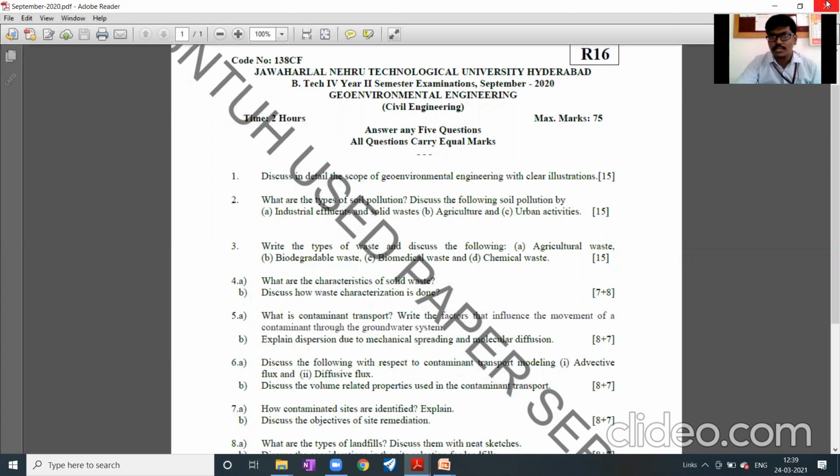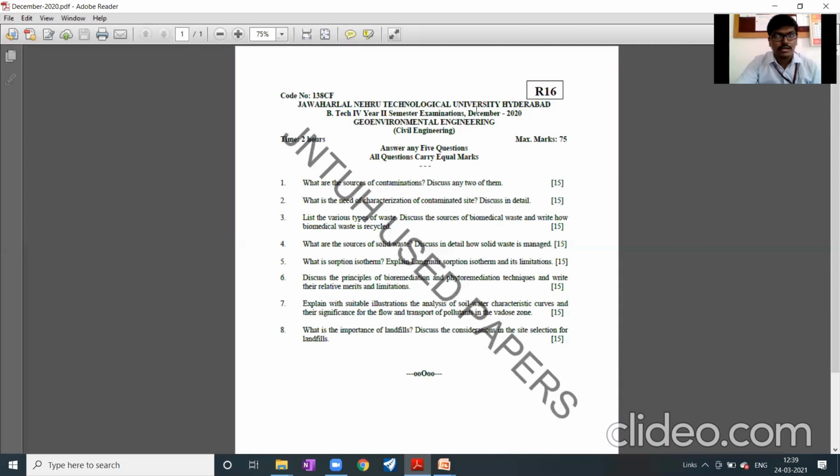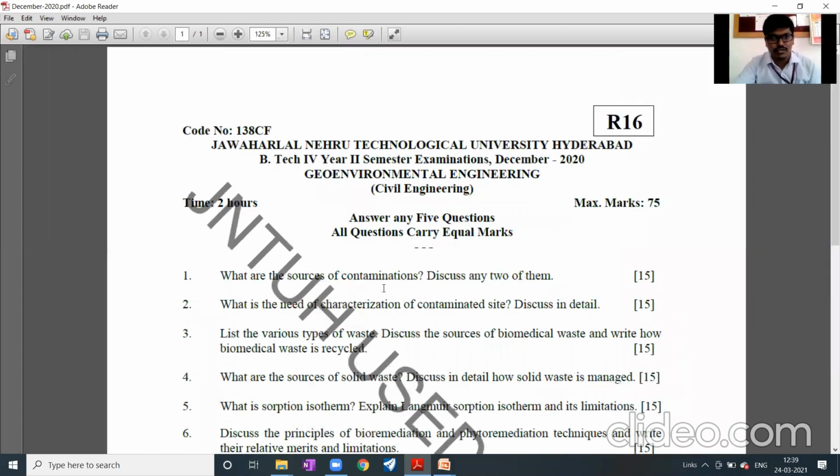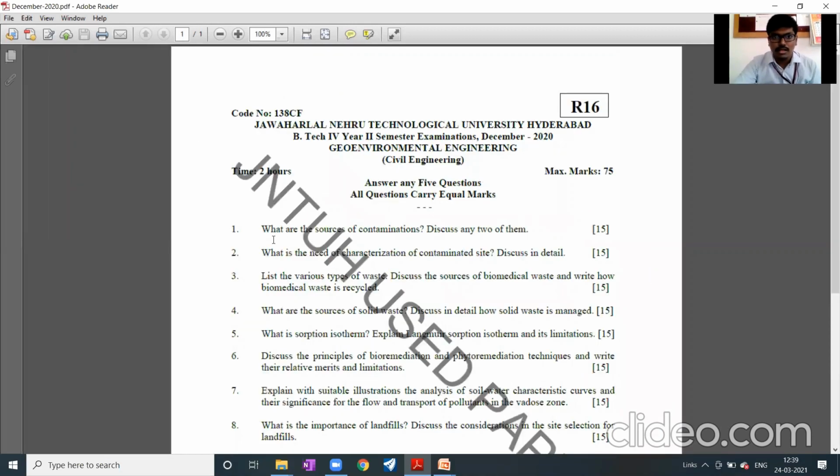Right? Yes. So another question paper I have here, December 2020. So here also you can see, most probably he may ask the direct question. He may not ask in another way or ask differently. So what are the sources of contamination, and discuss any two of them. And again, what is the need for characterization of a contaminated site, and discuss that in detail.